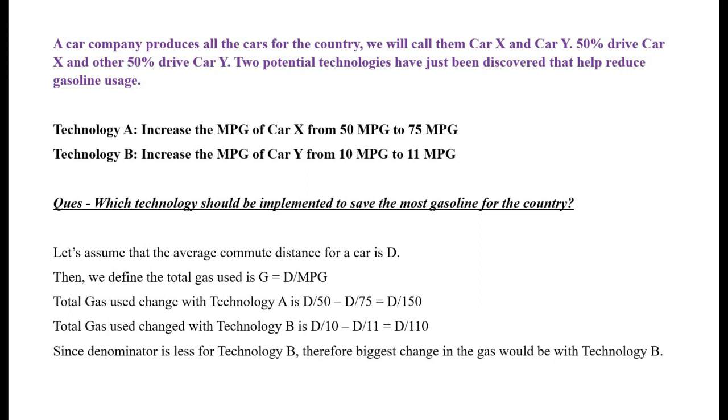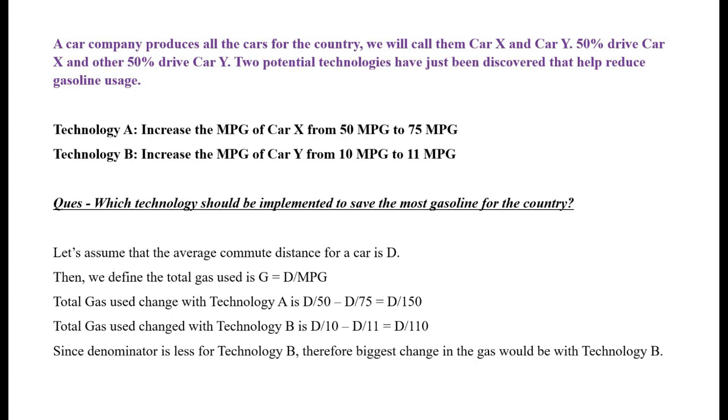For technology A, the miles per gallon of car X has increased from 50 miles per gallon to 75 miles per gallon. And similarly for technology B, the car Y miles per gallon has increased from 10 to 11.